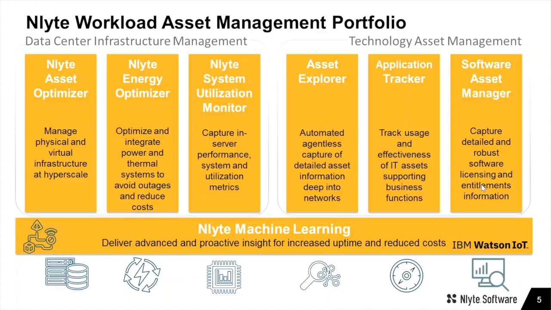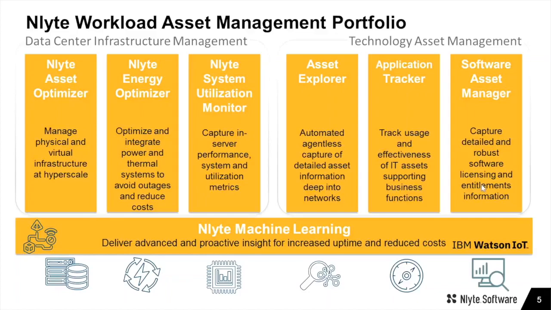Everything from optimizing the assets to optimizing the energy that you have within your data center, looking within the IT equipment, and then managing all of the technology assets that you have, from the individual devices to the software placement to the software licensing. And given the scale and complexity of many of our installations, it's really hard to manage at scale without machine learning, without some kind of AI and analytics applied to it.